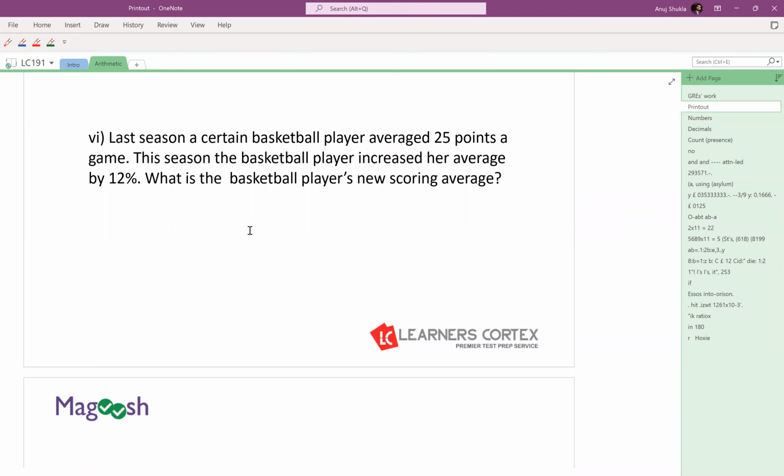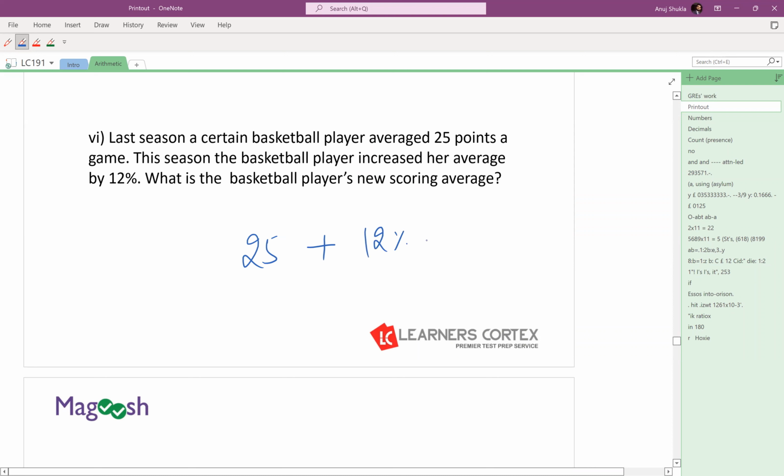Last season, a certain basketball player averaged 25 points a game. This season, the basketball player increased her average by 12%. Means 25 was there and 12% increased. 12% of what? Of 25. So 25 plus 12% of 25. How much? You can say 10% of 25 and 2% of 25. That is 12%.